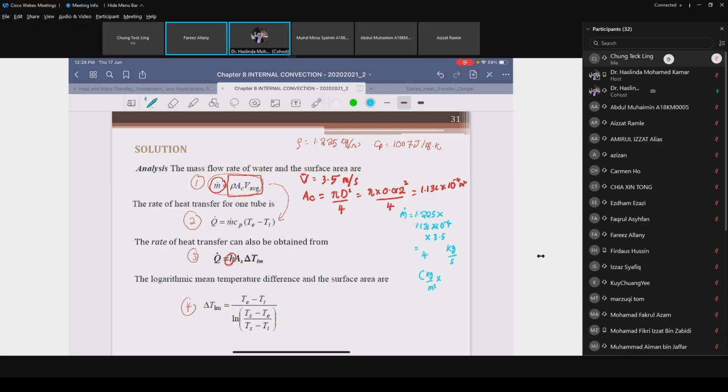Betul ke? 4.8. Jawapan sama dah tu? Betul ya? Sama. 4.849 times 10 to the negative 4. So the unit is kilogram per second. Saya check betul. Simple je kan. Velocity 3.5 is okay. Small.